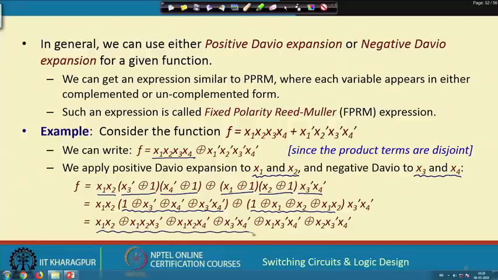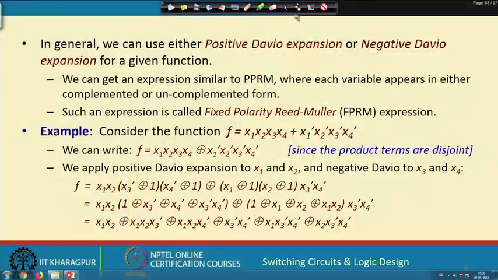You see, you get a Reed-Muller expansion where x1 is uncomplemented everywhere, x2 is uncomplemented, x3 is always complemented, x4 is always complemented. So, you have a fixed polarity Reed-Muller expansion where each variable can be either complemented or uncomplemented, but not both. Okay. This is what you can have.